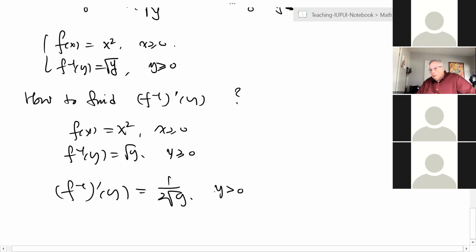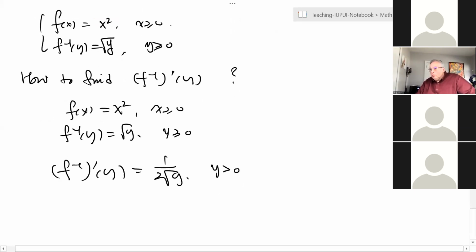When y is 0, you don't have a derivative. So you find this, no problem. As long as you're given the formula using elementary functions, such as square root of y, sine y, cosine y, then you can find the derivative.